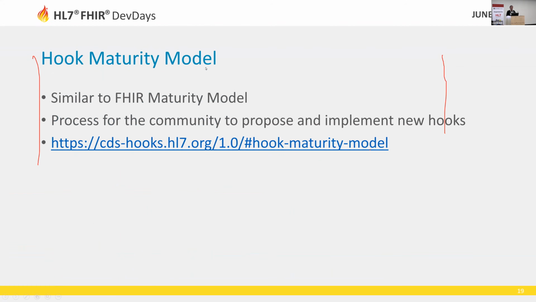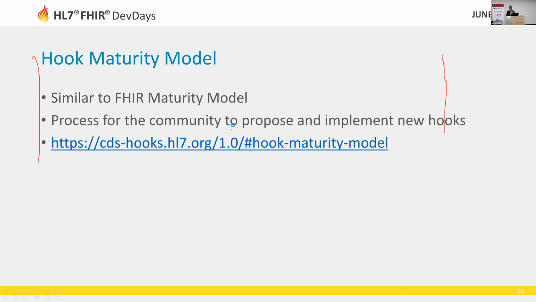All right, so the way that new hooks are proposed, because obviously the patient view and order select and order sign are only a few of the workflow points that we'd like to be able to interact with. So CDS Hooks defines a hook maturity model. It's similar to the FHIR maturity model. It's a process for the community to propose and implement new hooks.